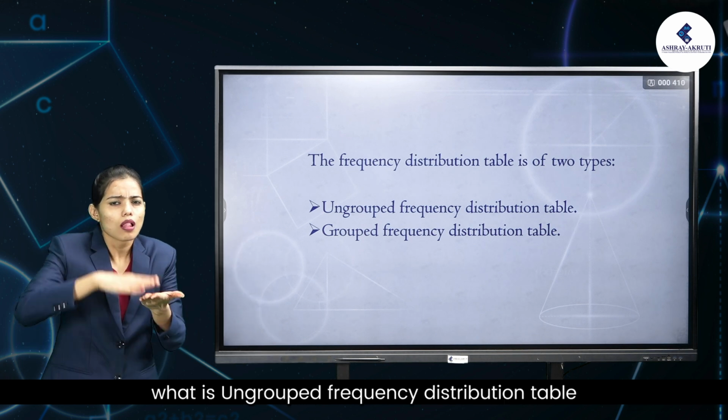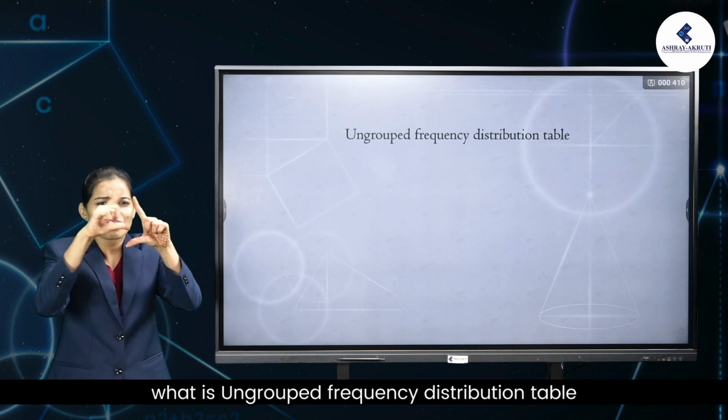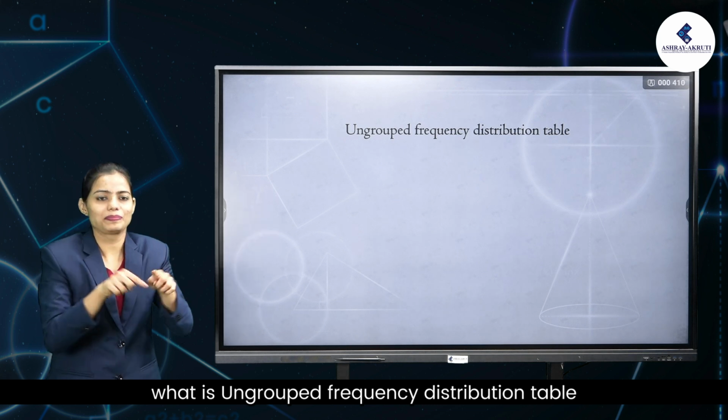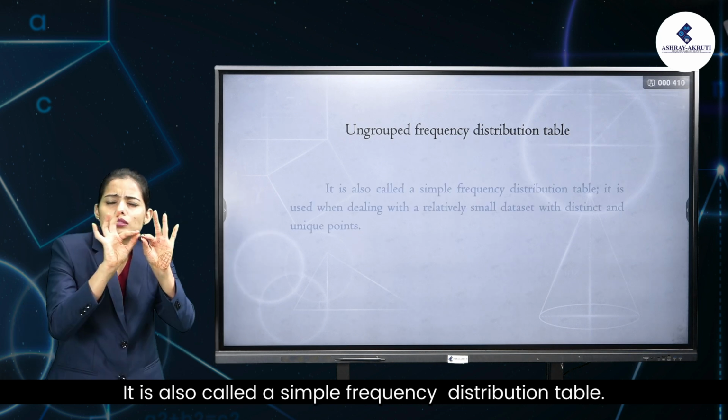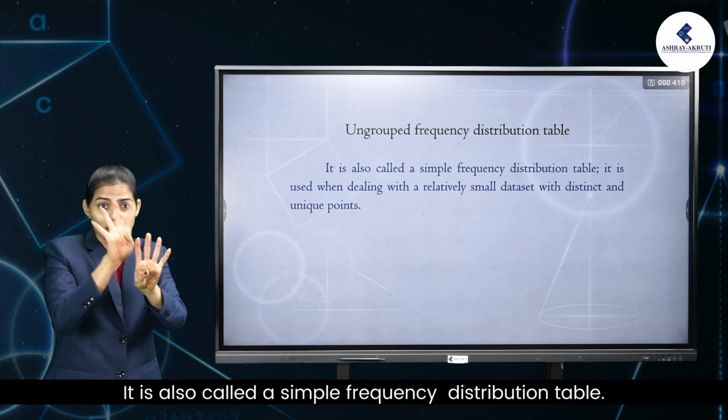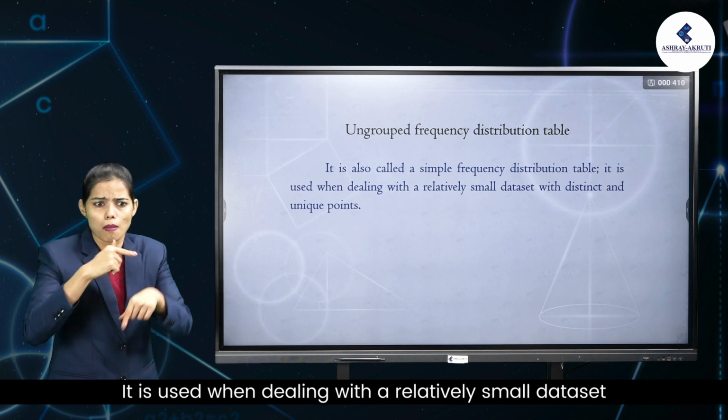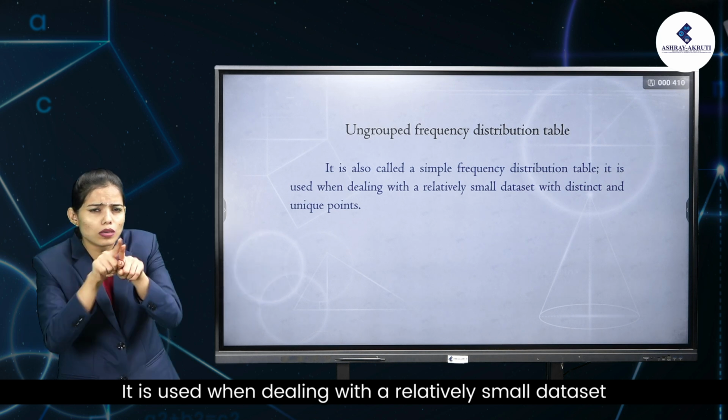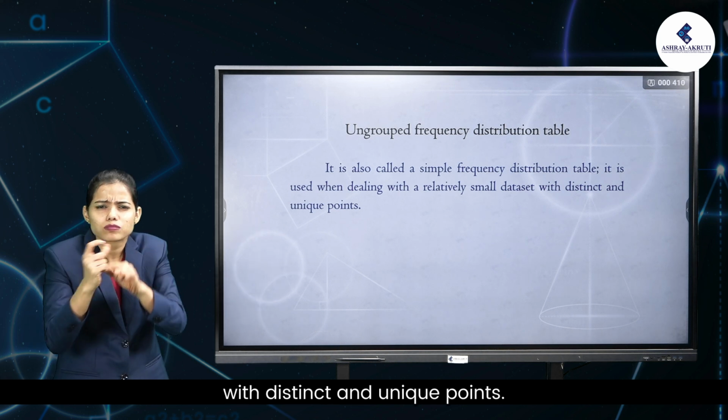Now, we will learn what is ungrouped frequency distribution table. It is also called a simple frequency distribution table. It is used when dealing with a relatively small data set with distinct and unique points.